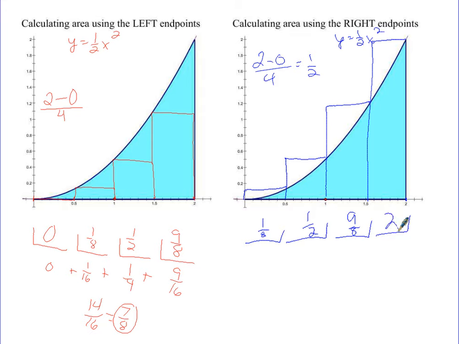Now what do we do? Do we add all these together now? Could we? Okay, you could figure out the area of each one. That's exactly what we did last time. Question is, can we add all these heights together now and then multiply times the width of the rectangle?